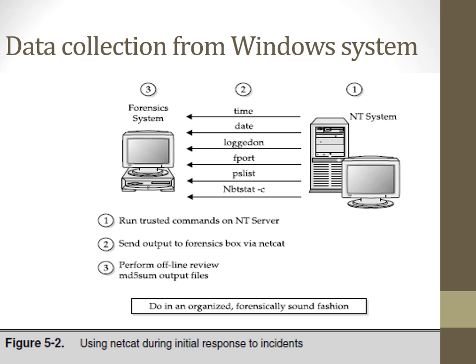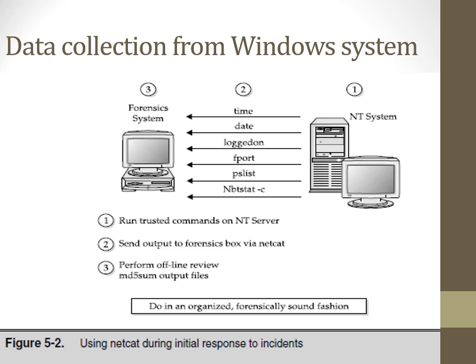Some of you might be asking, why do we use MD5 sum or MD5 checksum? The purpose of using a hash function or a hash algorithm during data collection of a live system is for us to be in a better position to prove that during the investigation process we have not altered or tampered with the evidence.